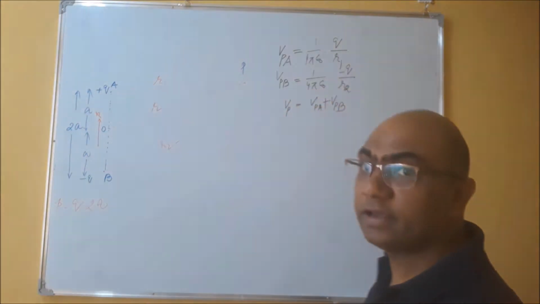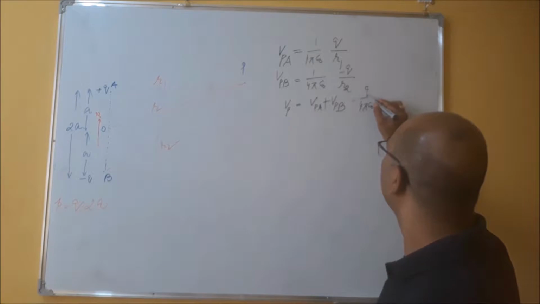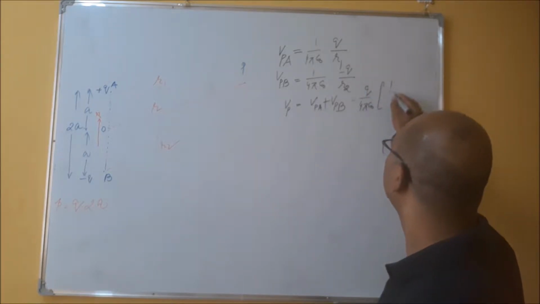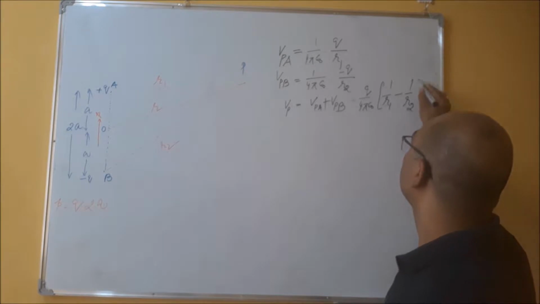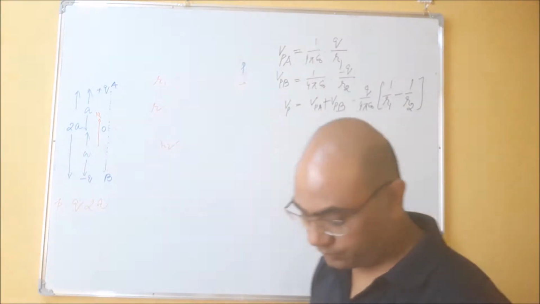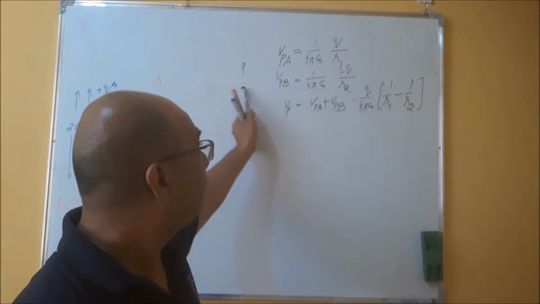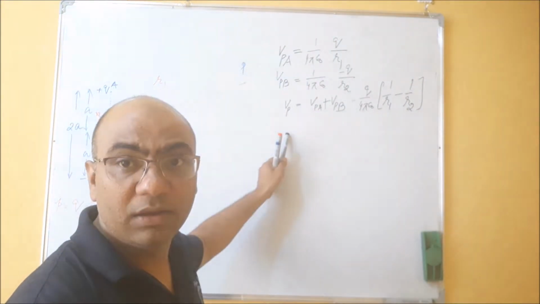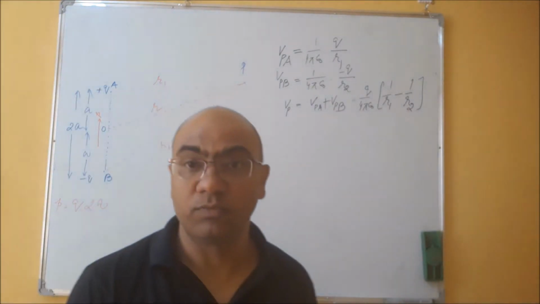When you solve this and take q common, what will you get? 1 upon R1 minus 1 upon R2. This will be the value of potential at point P due to the dipole plus q and minus q.